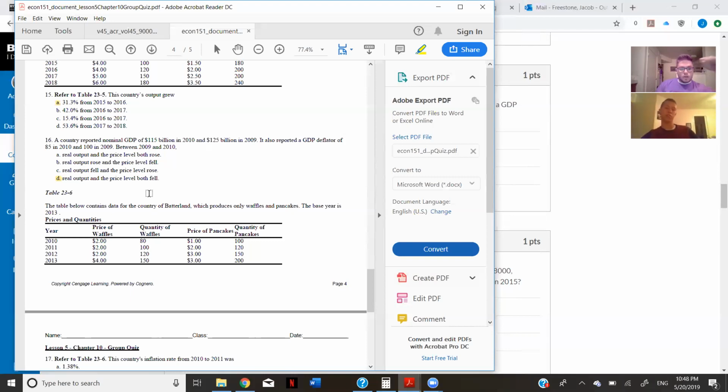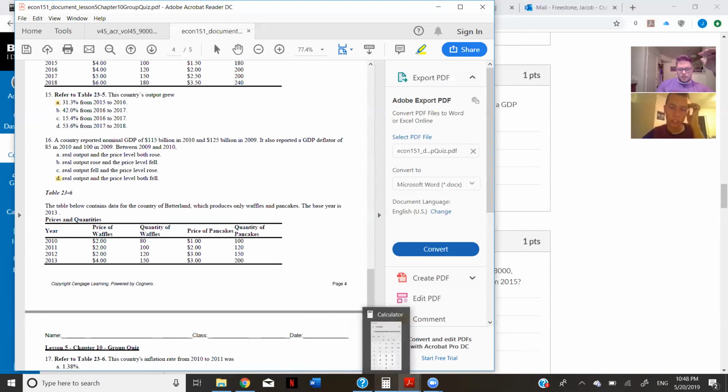If you do the formula to get real GDP, is that what real output would be? Is the real GDP? So it'd be the 115. What's the formula for the deflator? It's the nominal divided by the real times 100. Yeah.